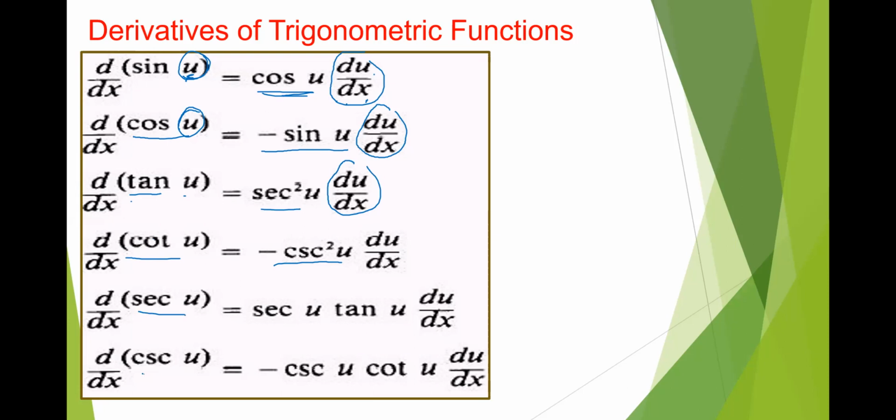Ang nadagdag lang, notice na ang nadagdag lang, di ba? Ito yung derivative ng secant, di ba? Secant tangent, ito negative cosecant, cotangent. Ang nadagdag lang yung factor na du dx, which is coming from the derivative of the angles in here. Yung angles natin dito na function of x. Kasi yung x yung kino-consider natin na variable, independent variable.